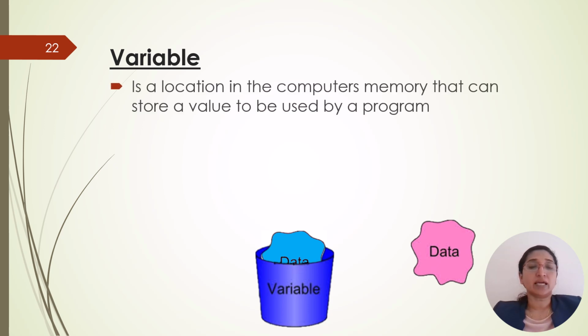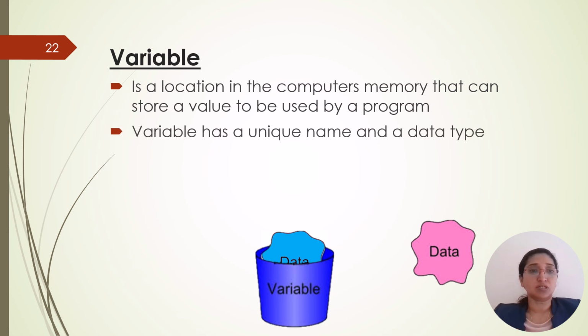A variable is a location in the computer's memory that can store a value to be used by a computer program. A variable has a unique name and a data type.